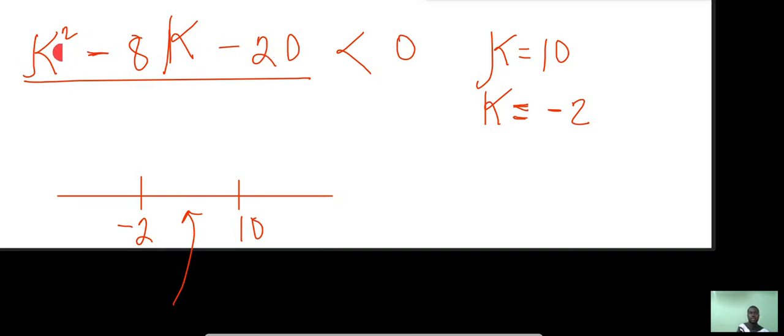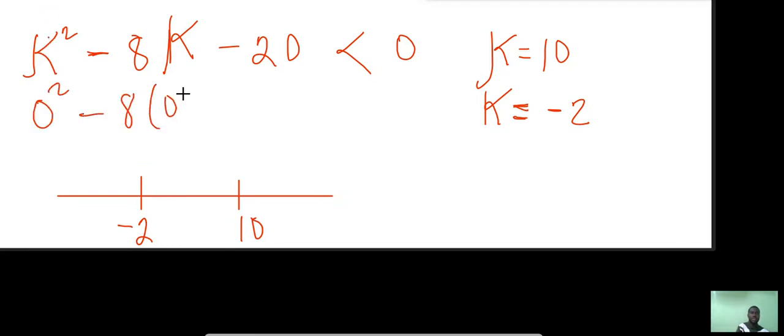Let's see whether this inequality is satisfied. Take a number that lies between negative 2 and 10. If you like, use 9, use 8, use 7. You can even use minus 1, but I'll just use 0 to save my stress. Anywhere I see k, I'll put 0: 0 squared minus 8 times 0 minus 20.